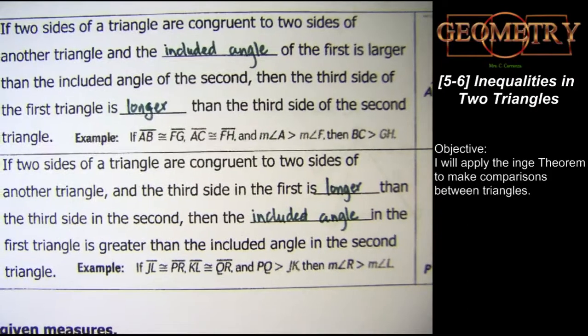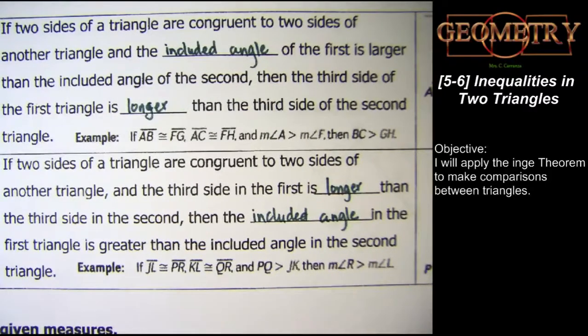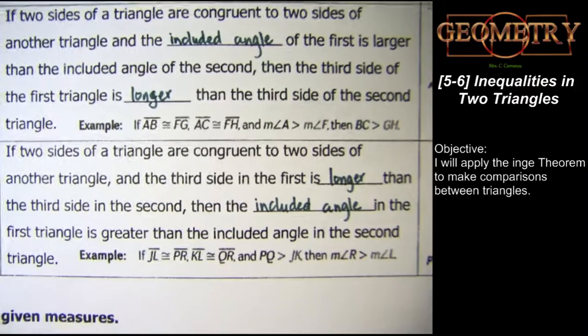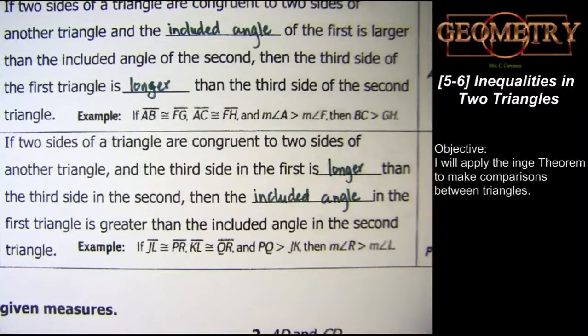So the first one talks about how wide the included angle is open, and the second one tells us the distance it is open, and that tells us how wide that angle measure is. Again, it doesn't give us precise angle measurements, it just gives us a way to compare and say which one is bigger than the other.